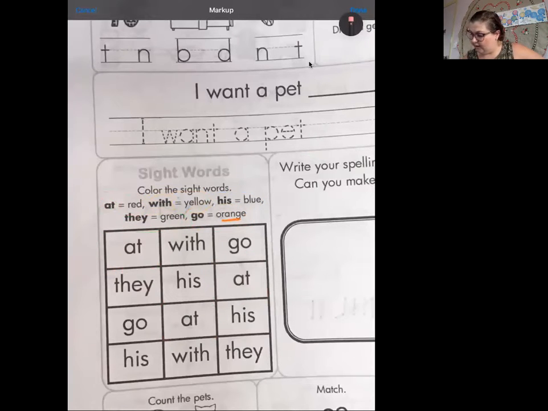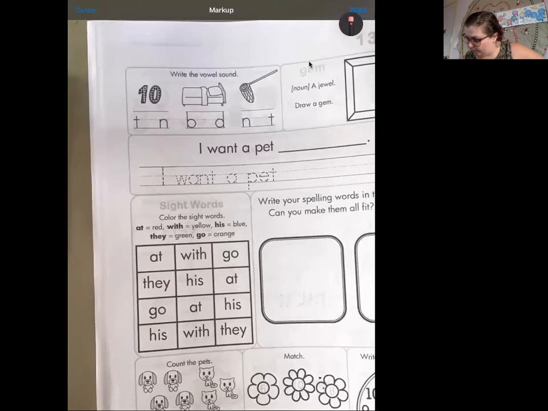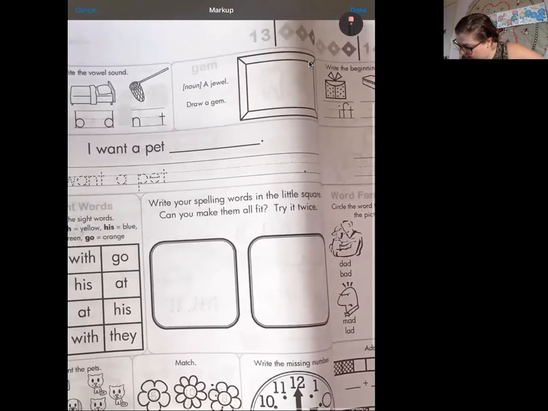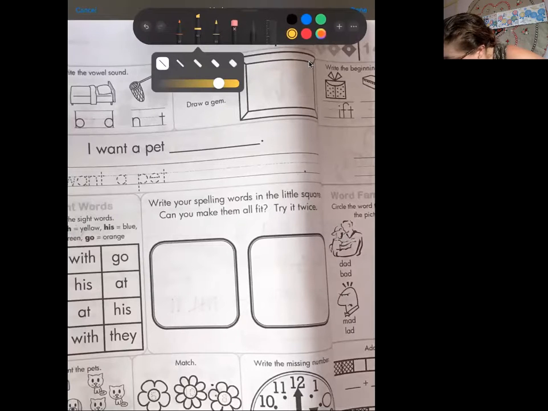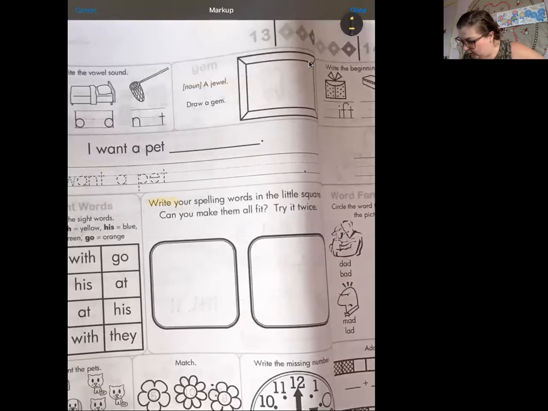All right, moving on to write this spelling word. It says, oh, I know I could do this. Okay, I'm gonna highlight, you're not gonna do this though. Write your spelling words in the little square. Can you make them all fit? Try it twice.